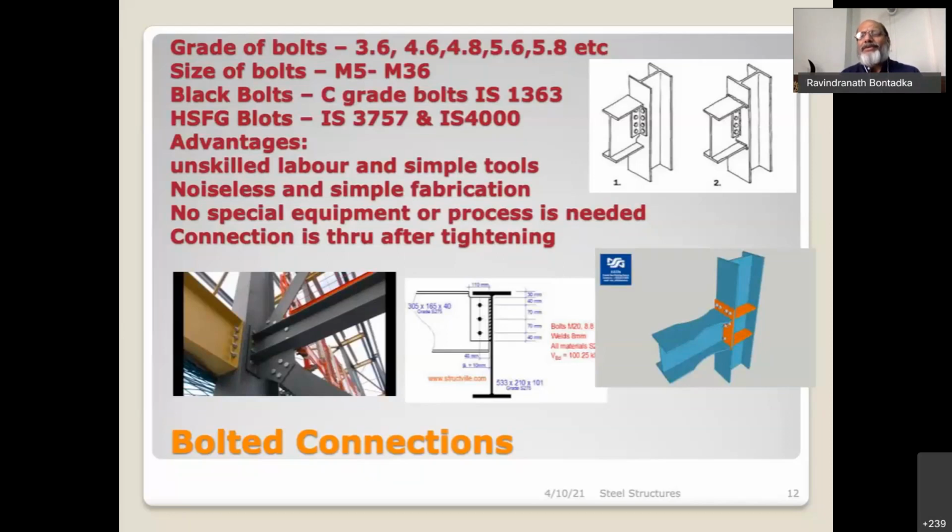But if you come to the field and see all these things, it's quite interesting. Once you start developing a passion or interest in it, you will definitely like it. My suggestion to all the young engineers is that you start visualizing all these joints, the sections and the joints together, individually and then holistically. Then you will come to know how good it is.